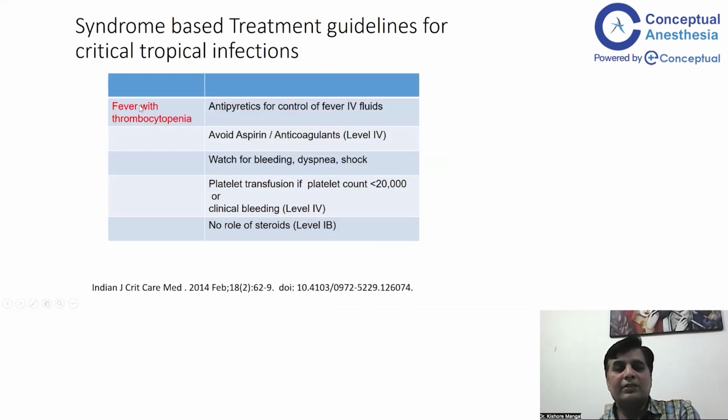Then if the patient is coming with fever with thrombocytopenia, but we do not know what is the diagnosis behind it, the treatment for that is antipyretics, avoid anticoagulants and aspirin, watch for bleeding, dyspnea and shock. Platelet transfusion if the platelet count is less than 20,000 or if there is any clinical bleeding, and there is no role of steroids for fever with thrombocytopenia, that we must remember.